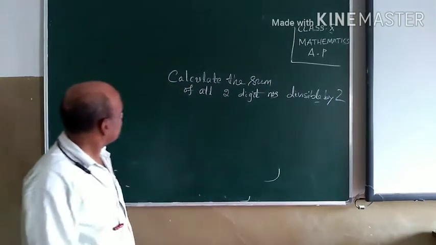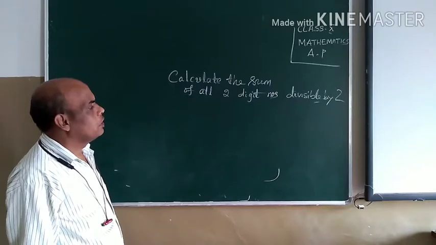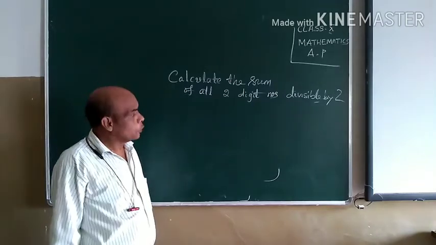Suppose this is the question. Calculate the sum of all two-digit numbers divisible by 2.